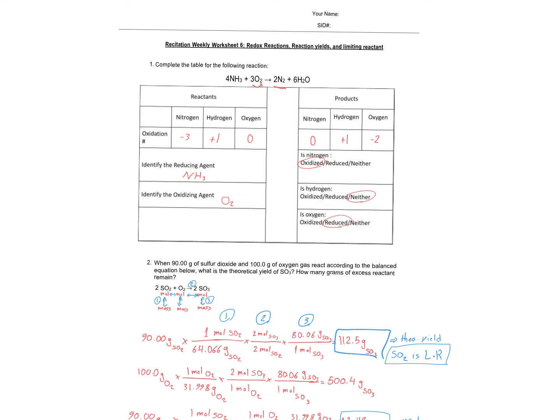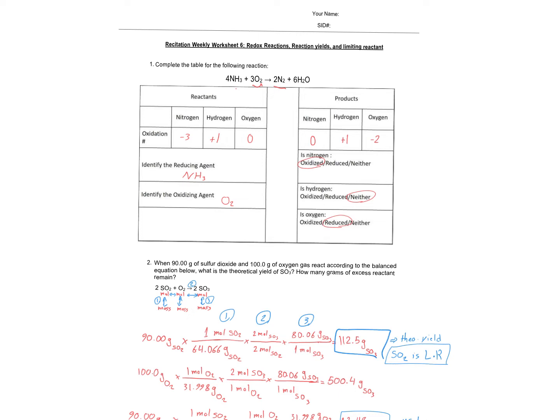In the product, oxygen, as we said, most of the time is -2. And in the reactant, we have to find the oxidation state for nitrogen, knowing that the sum of the oxidation states of all elements in a molecule should be 0. So it's -3.